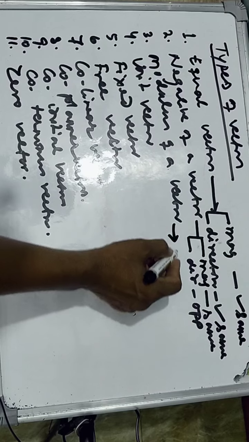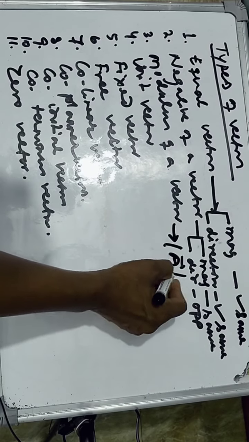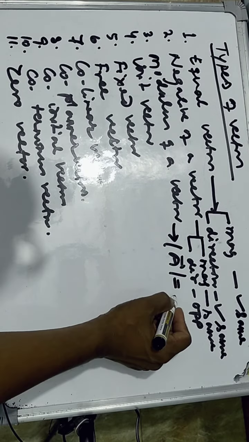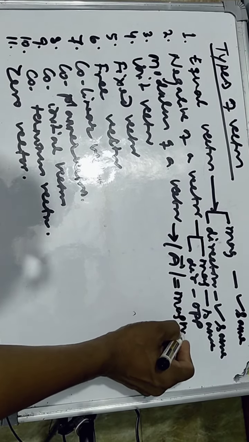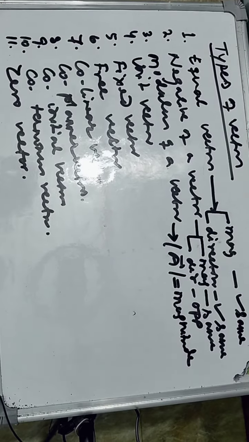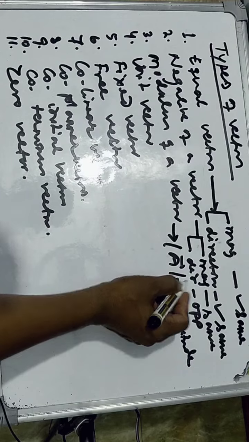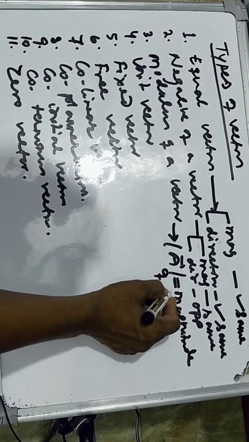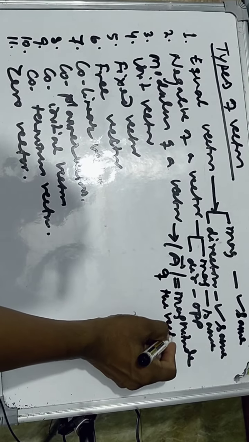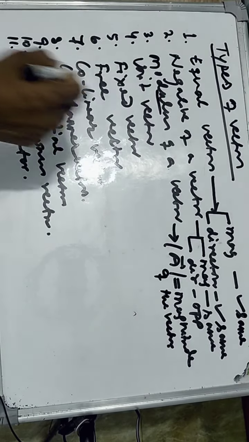Modulus of a vector is the magnitude, or numeric value. Magnitude of the vector is termed as modulus of the vector.